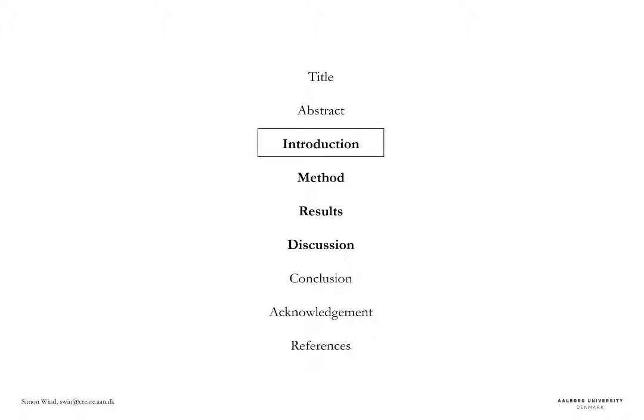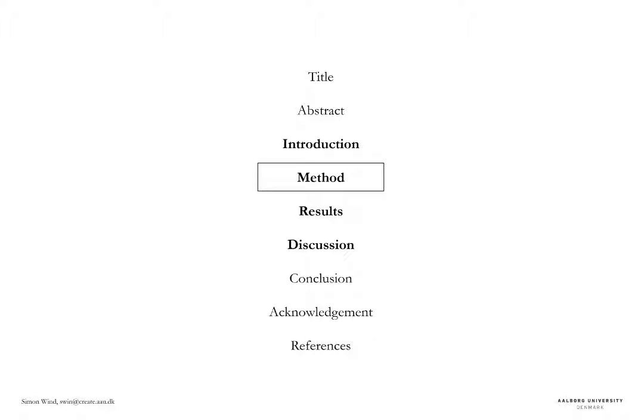A good introduction should generally include, firstly, a general presentation of the research problem, and then you should lay out exactly what you're trying to achieve with this particular research paper or research project, and then you should state your own position. And I will get back to these matters about doing a good introduction in another podcast.